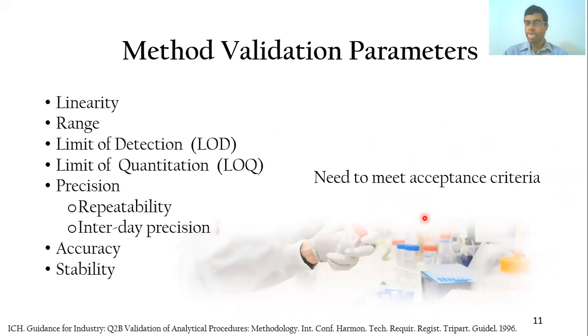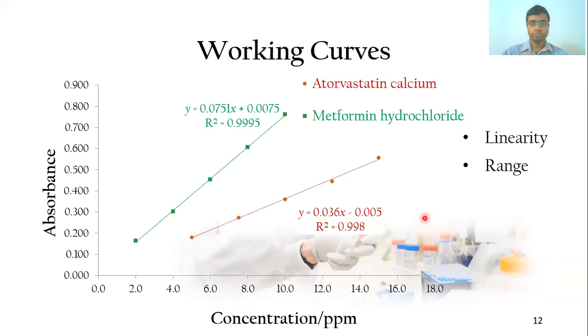These are the most commonly used method validation parameters. Regardless of what technique you are using, you have to use these. It could be UV-visible, HPLC, or GC-MS. But the advantage of our UV-visible method compared to the chromatographic methods is that it is way simpler.